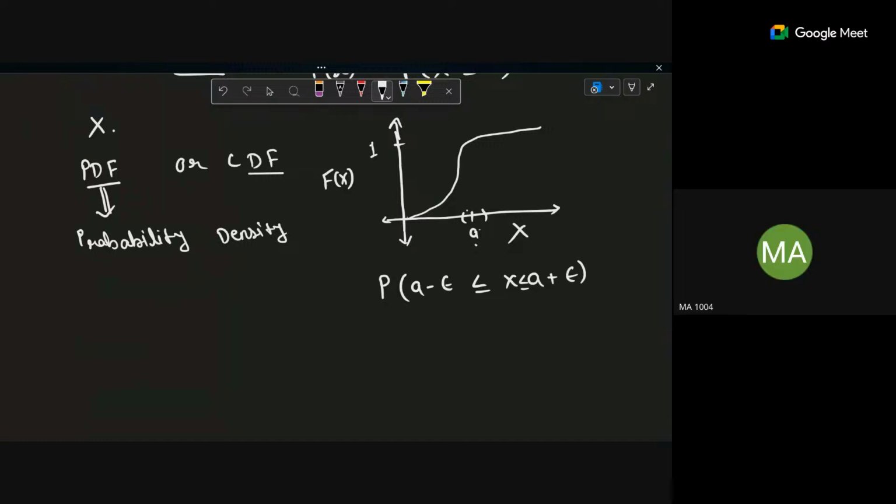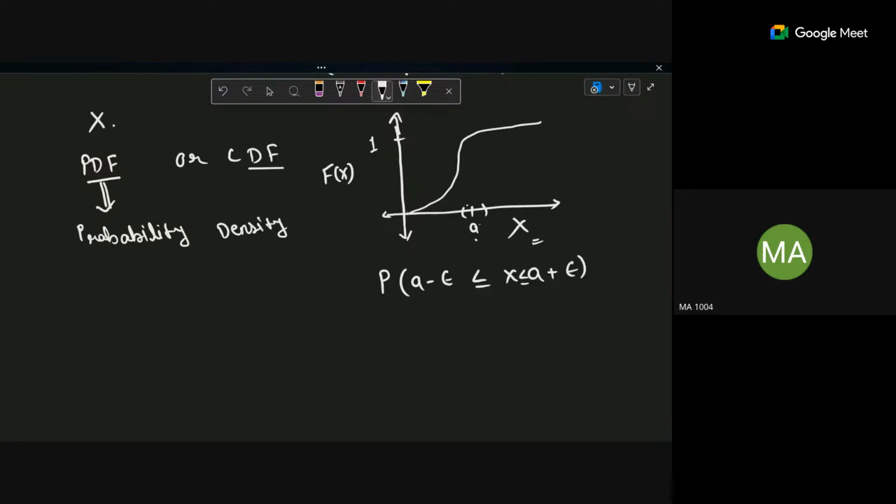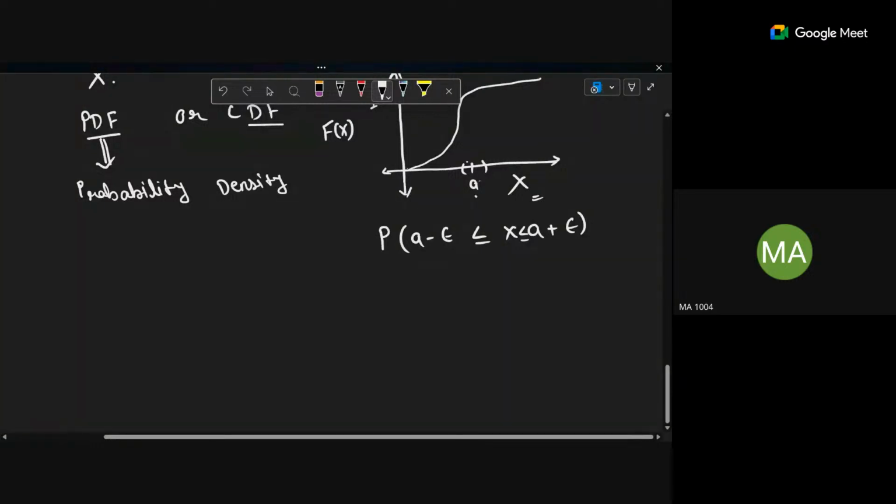Right. Yeah. So if someone knows the CDF, that means the distribution function of this random variable X, from this distribution you can't say what's the density, like what's the probability that your random variable is taking values lying between these two, because X has several intervals, right?